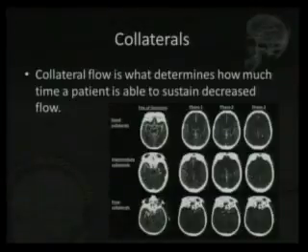And poor collaterals, on the other side, means there's almost no vessels seen in a 3-phase scan past the occlusion. That means the patient gets an occlusion and automatically there's ischemia. There's no 6-hour window or 3-hour window, because after 20 minutes or 10 minutes, that MCA territory is dead.